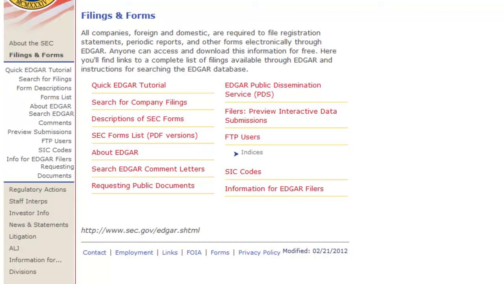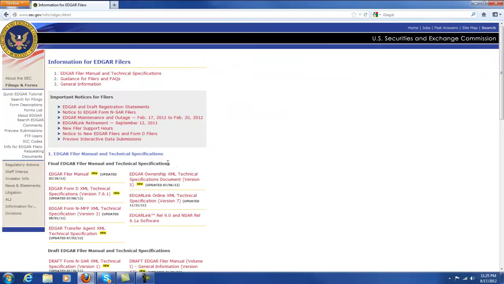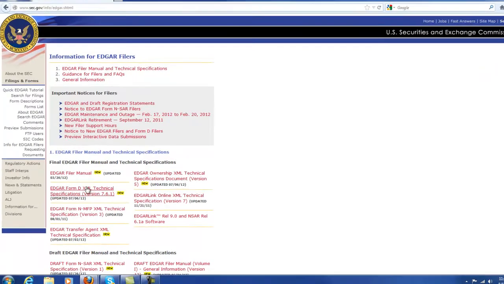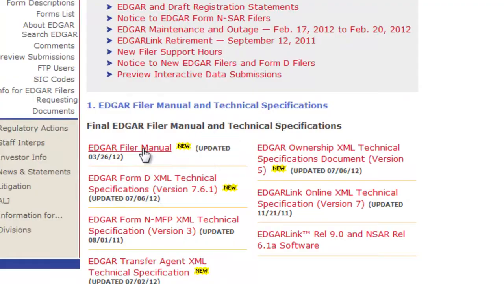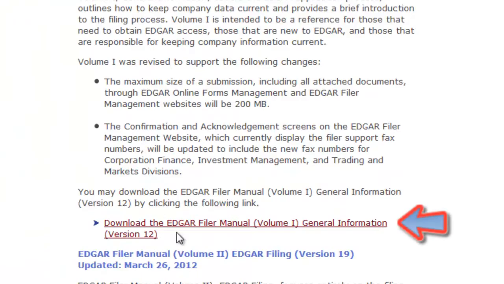The final tab that I will be discussing before going to the main tab, which is Search for Companies Filings, is the information for Edgar filers. And as the name suggests, this is really for people who need to file something with the SEC and want instructions on how to do so. So let's go ahead and click on this and click on Edgar Filer Manual and click Download.